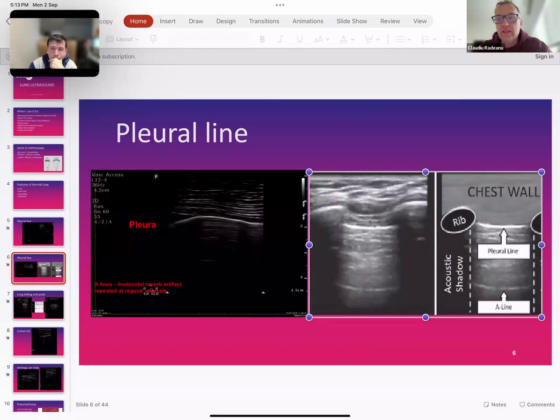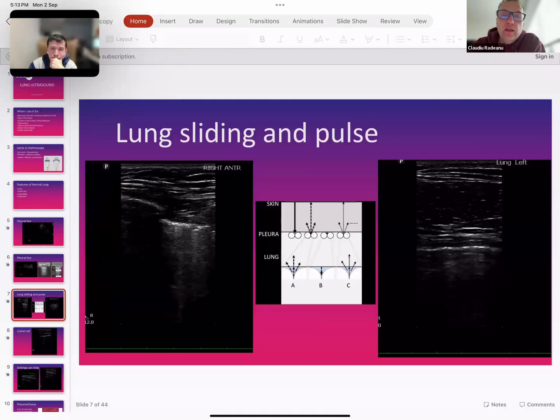And here it creates again the mirror effect. So this is the pleural line here, okay? All right, so that is part of the normal. Coming back, this is normal A line. So this is one aspect of the normal lung. Okay, any questions about that?